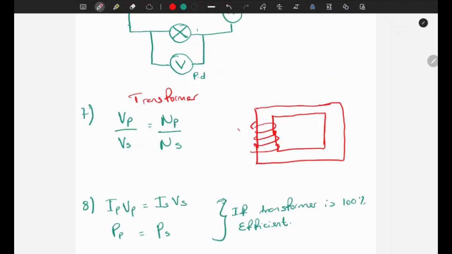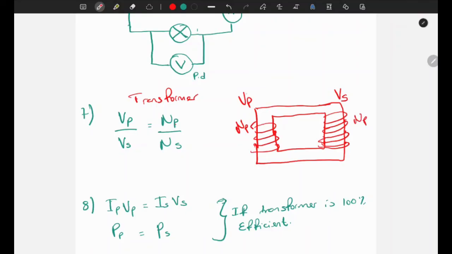So this is the number of primary coils, and then we have the primary voltage, and we also have the number of turns in the secondary coil. If the number of turns in the secondary coil is greater, that means Vs would be greater too.